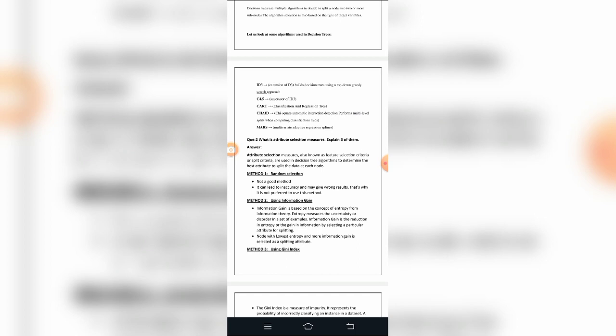After that, the next algorithm is chi-square automatic interaction detection, which performs multi-level splits when computing classification tree. And the last one is MARS, which is multivariate adaptive regression splines.